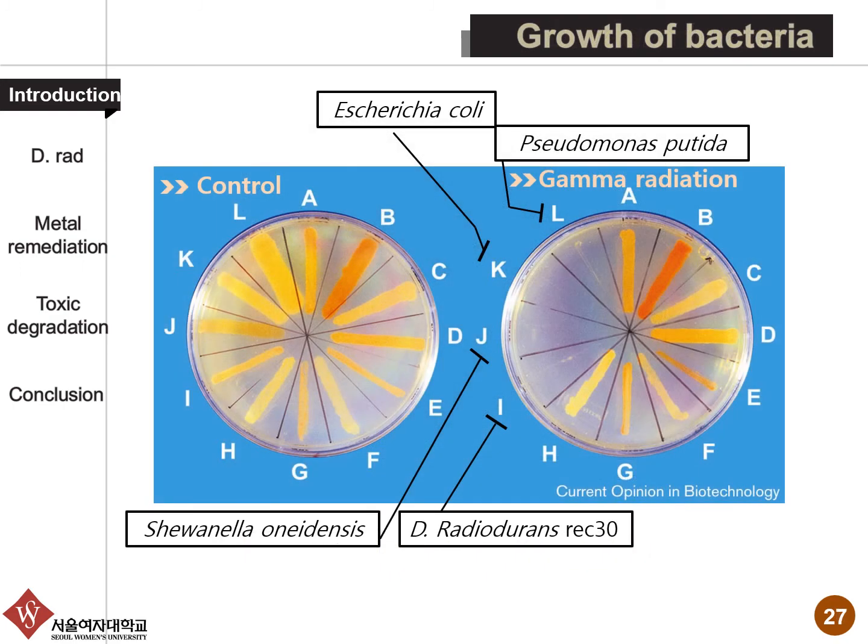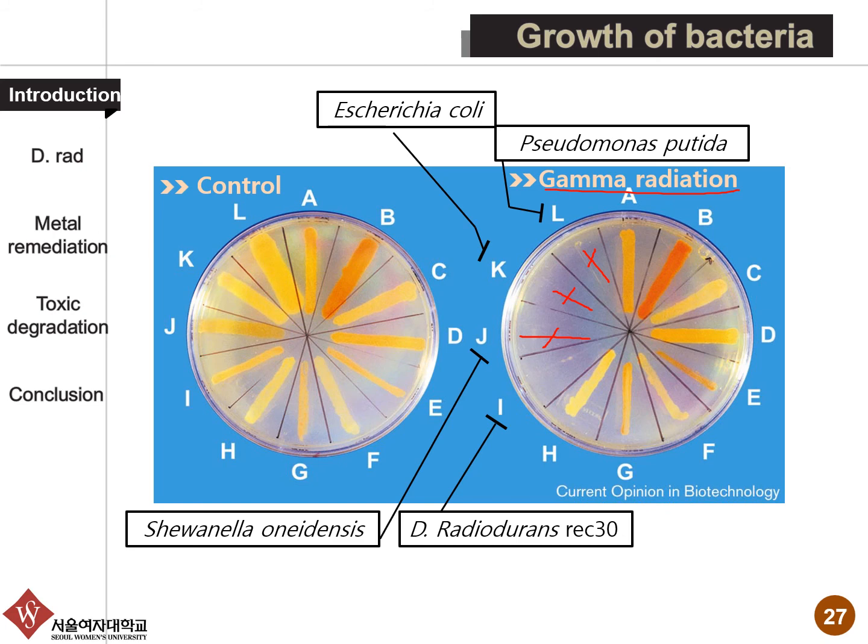And here you can see a comparison between the resistant and non-resistant bacteria with gamma radiation. In the case of the control, all the bacteria are surviving. But when we apply the gamma radiation, the Shigella and Escherichia coli and the Pseudomonas die. They are not surviving.